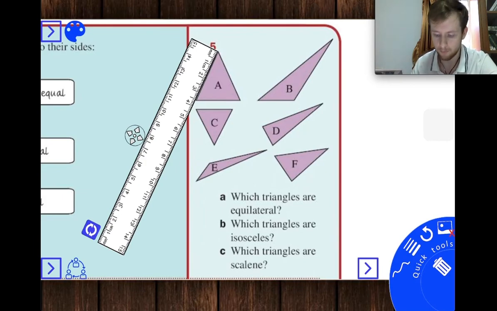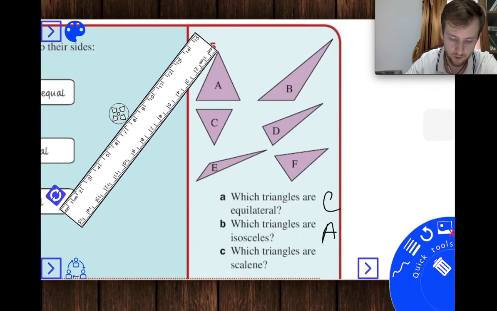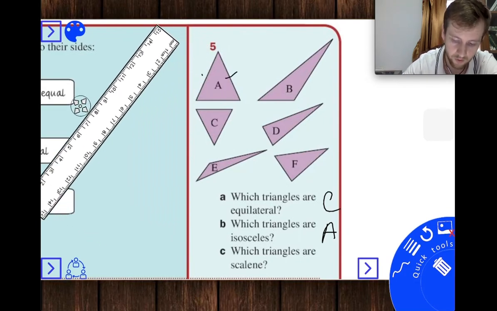So A is, oh, I think I accidentally erased it. So C is equilateral, A is isosceles because 2 sides are equal. We just found out that this side and this side are equal. Here all 3 sides are equal.